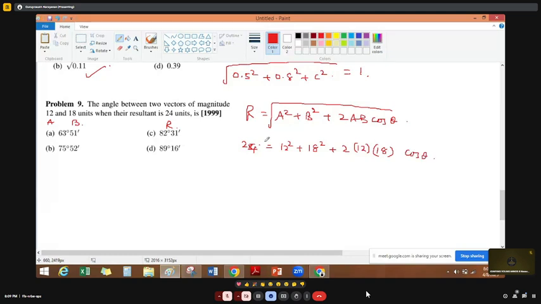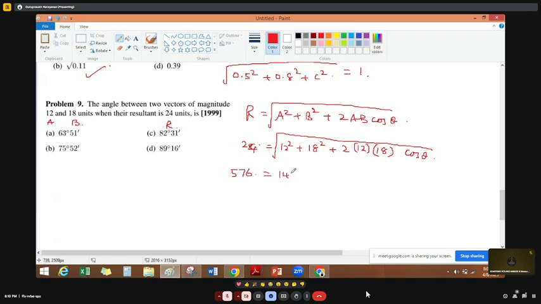Any answers? This will be 144. This will be, is it 324? Anybody? Good in maths. 18 squared. 324, sir. Yeah. So that means 324 plus 144. Do this math. Tell me what you're getting. This will be 576. Is that correct? If I square it.